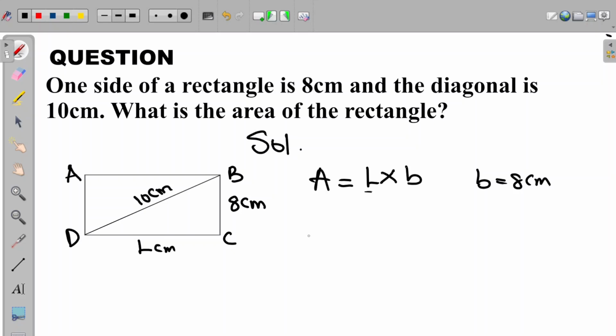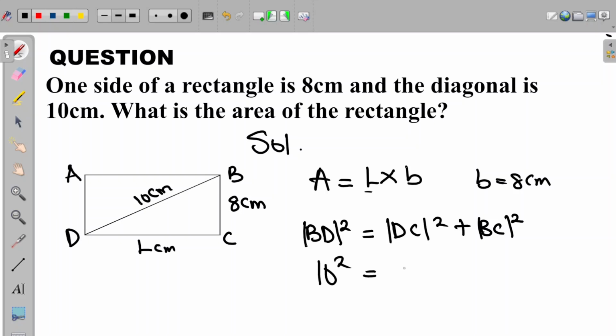From Pythagoras theorem, BD all squared will be equal to DC all squared plus BC all squared. BD being a diagonal is given as 10, which is 10 squared, equal to DC, the unknown, which is the length we want to obtain to find the area of the rectangle, plus BC, which is given as 8, which is 8 squared.